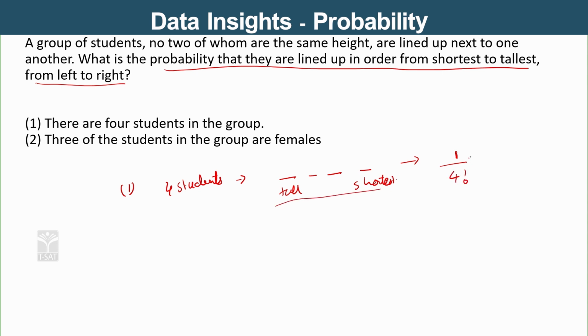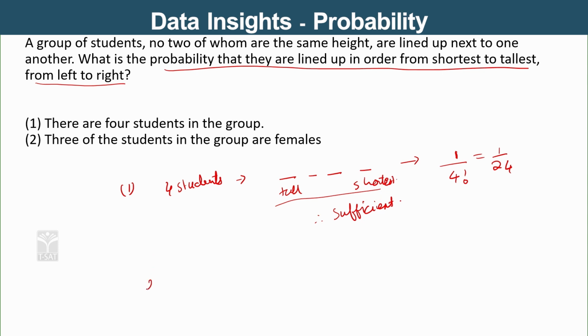So, there is only one way that is correct, and the total arrangements is 4 factorial. So, 1 by 4 factorial, that is 1 by 24, is the probability. Therefore, this information alone is sufficient to answer the question.